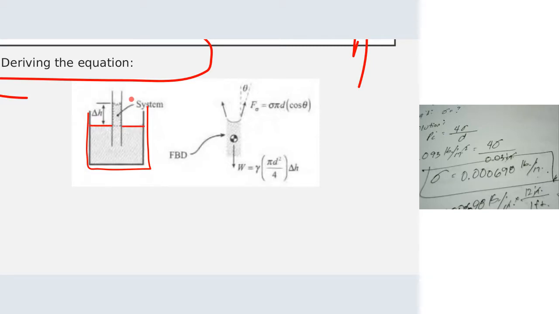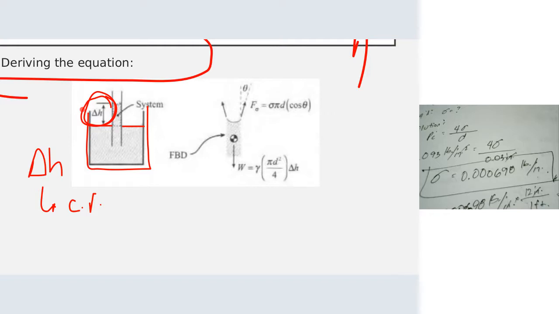Now, because we put this narrow tube glass dito sa middle, and ang tendency is umangat yung tubig because of the adhesive forces between the two, the water and the glass. Now, yung capillary rise po is itong delta H. Yan, itong delta H. Capillary rise.